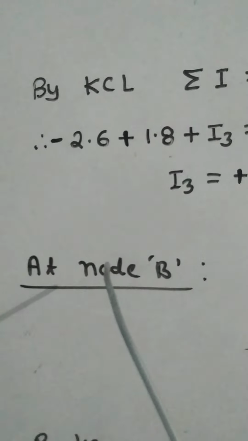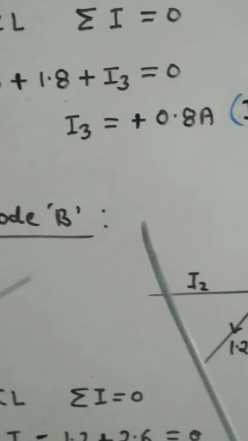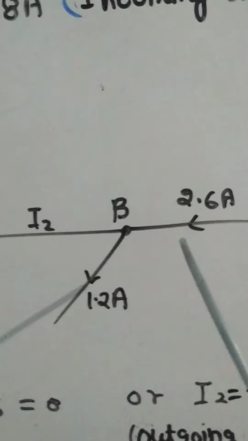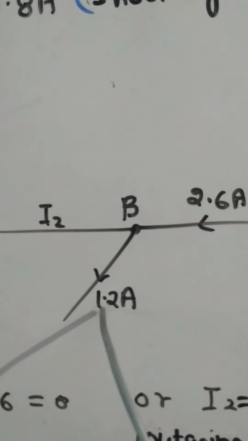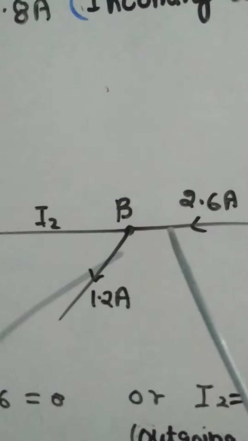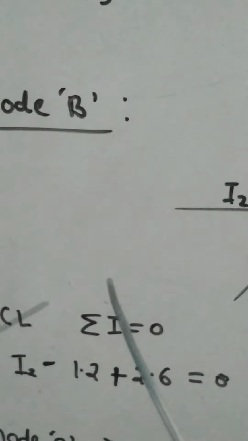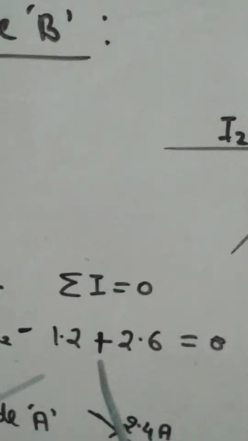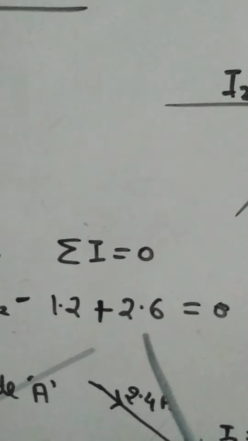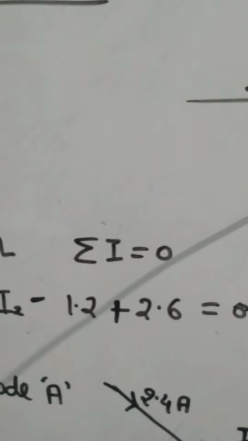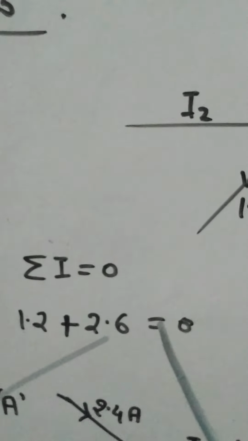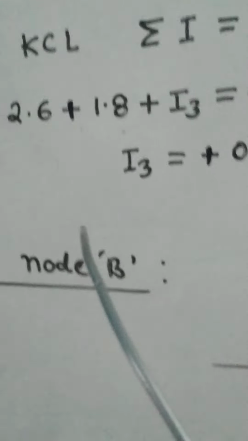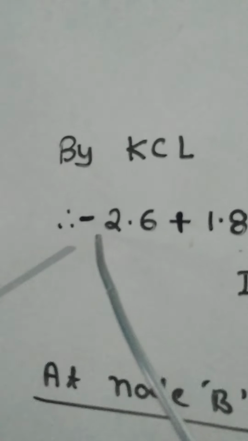Now consider the second node, node B. At node B, 2.6 is the incoming and 1.2 ampere is the outgoing current. So 2.6 is taken with positive sign, and 1.2, which is the outgoing current, is taken with negative sign. See, in node C, 2.6 was taken with minus sign.